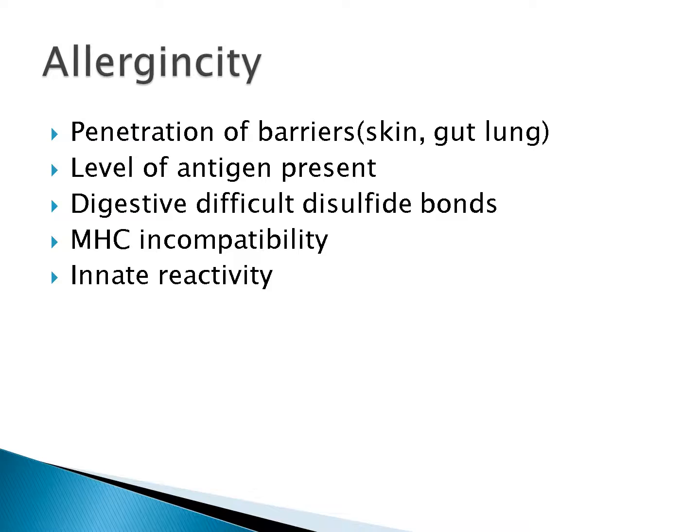Why do people have a lot more soy, milk, egg, and wheat allergies than they do other things? It could be in part because they're much more strongly present in our diet, but it's also their chemical makeup. One of the important factors when regarding allergies is penetration of barriers.